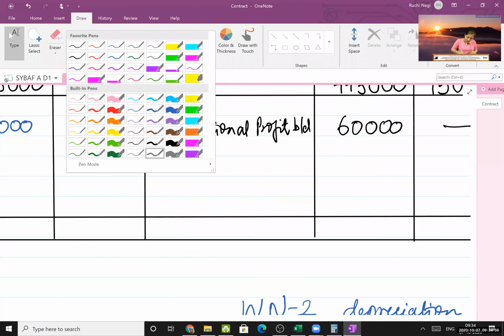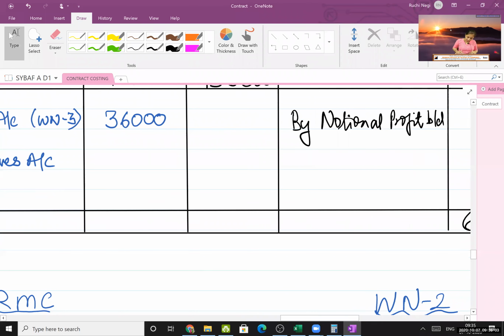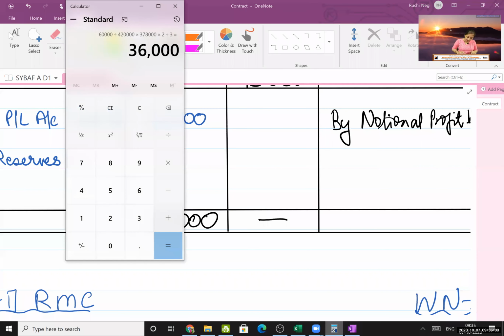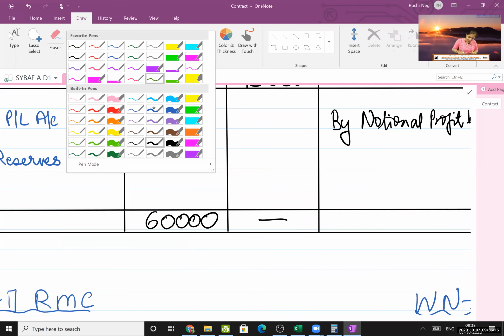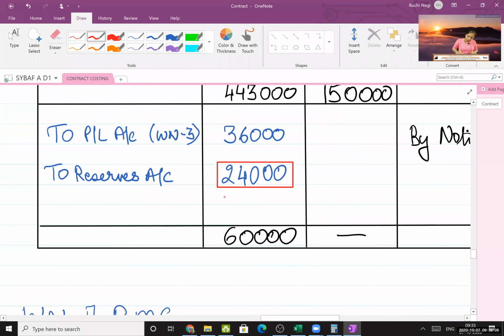Close the ledger, you will know. 60,000 minus 36,000, 24,000 is the answer. Box the final answer. Always highlight it. So the balance will go to reserves.